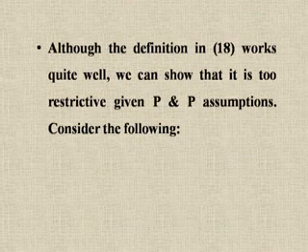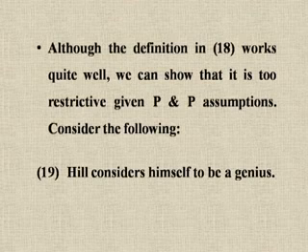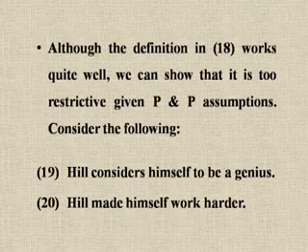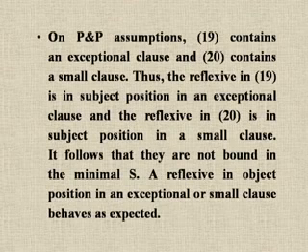Although the definition in (18) works quite well, we can show that it is too restrictive given P&P assumptions. Consider the following. He considered himself to be a genius. He made himself work harder. On P&P assumptions, (19) contains an exceptional clause and (20) contains a small clause.